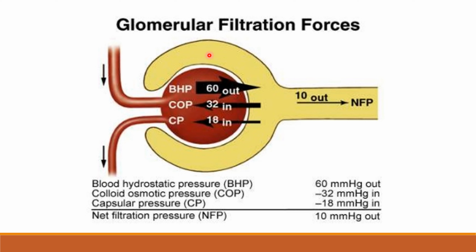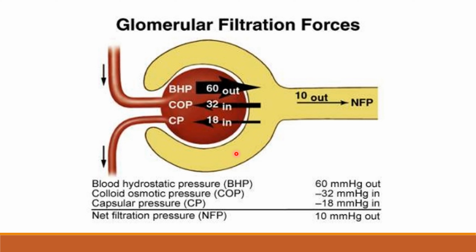The Bowman capsule also has hydrostatic pressure and oncotic pressure. The hydrostatic pressure, which is represented here by Cp, of the Bowman capsule is just what? Just 18 mm mercury, and it tends to act against filtration.